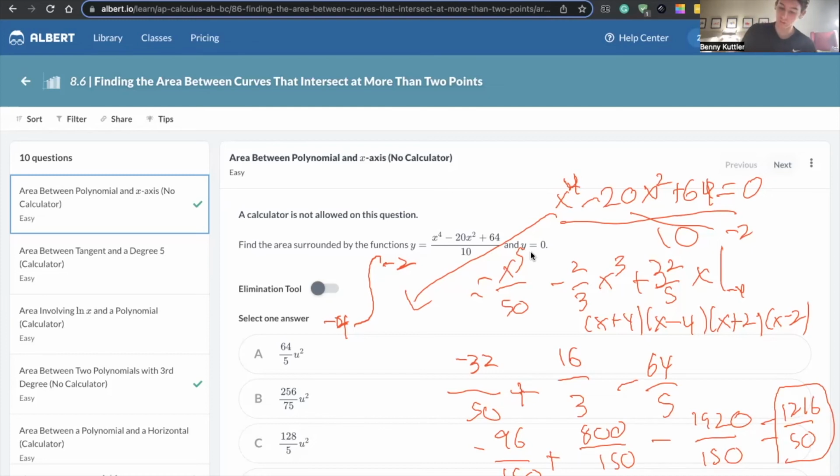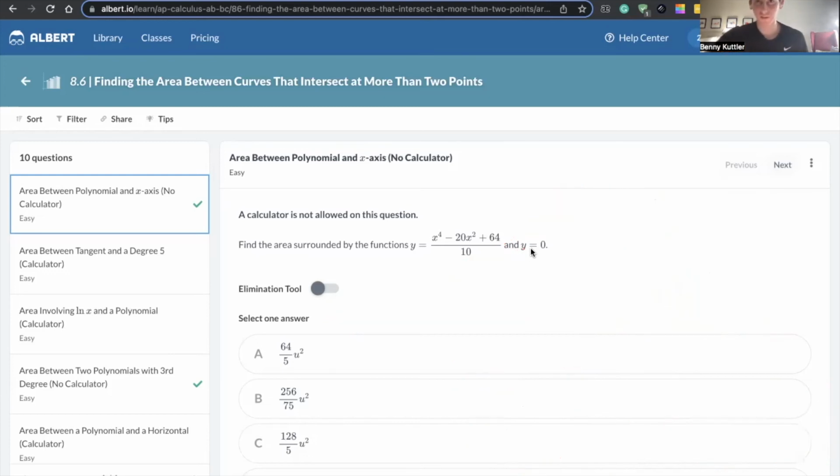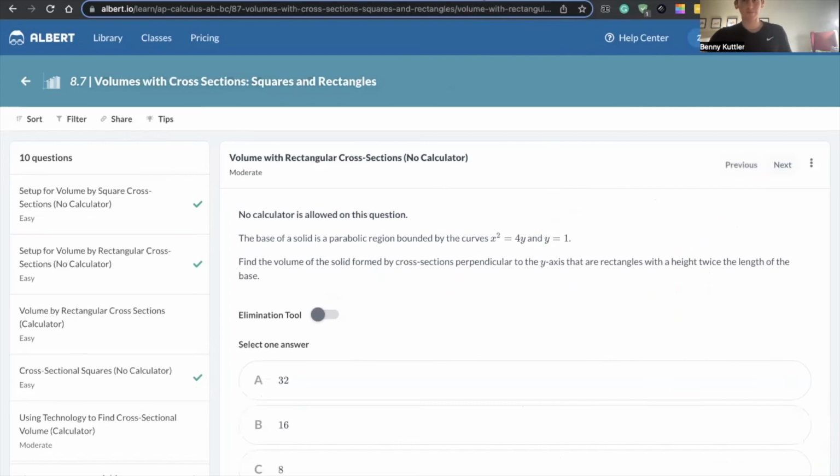The idea is you do it between -2 and -4, and you do it between -2 and 2, and it's the same process. Then you do it between 2 and 4, and there you have it. So I don't think it's going to be a good use of our time to keep multiplying these out, because it's just not worth it to show the same thing multiple times like that.